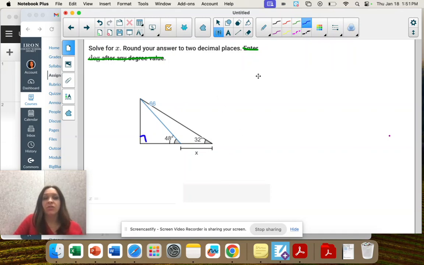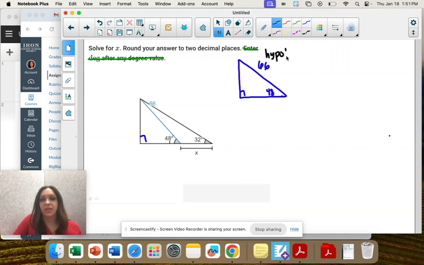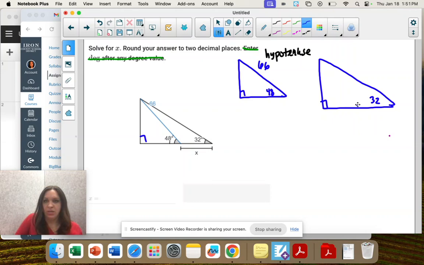All right, we have 2 right triangles here. This is 48 degrees with this side length, the hypotenuse, being 66. I'm just going to label it right now. Okay, and then we have this bigger triangle where this angle's 32, and we're just solving for this portion.